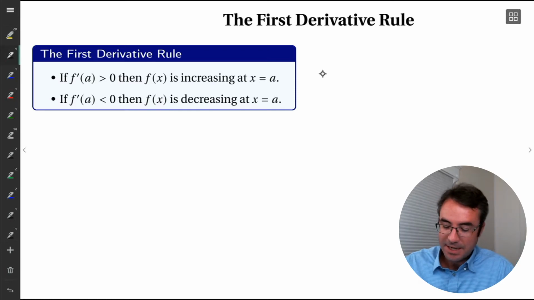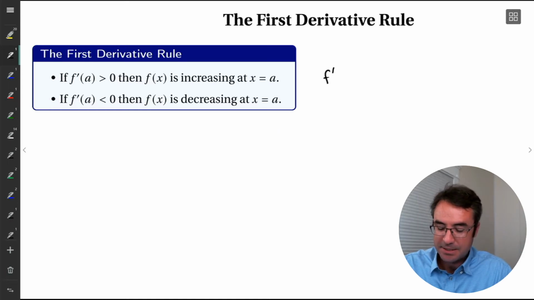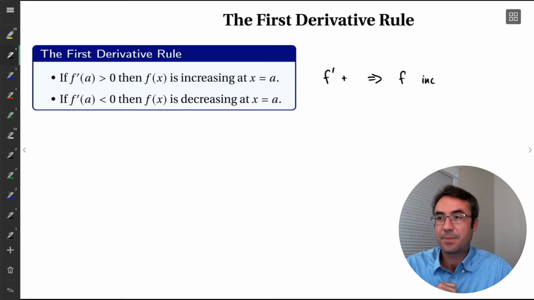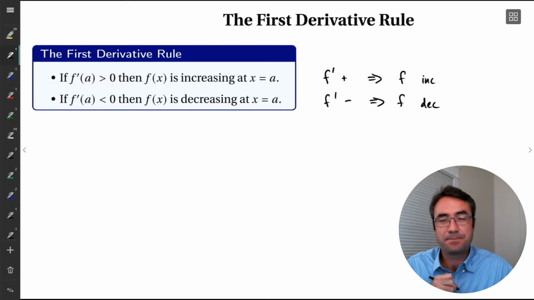So really what this says, and we're going to be investigating this quite a bit, we're going to use this property quite a bit. What it says is if f prime is positive, if the derivative of f is positive, well then the original function f is increasing. And if f prime is negative, well then the original function f is decreasing.